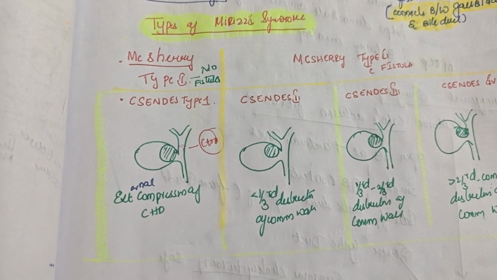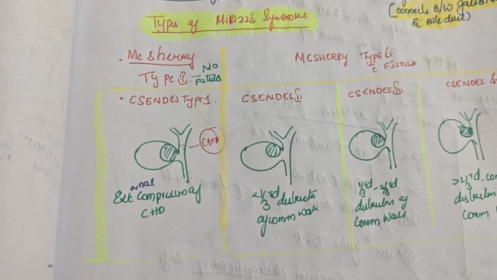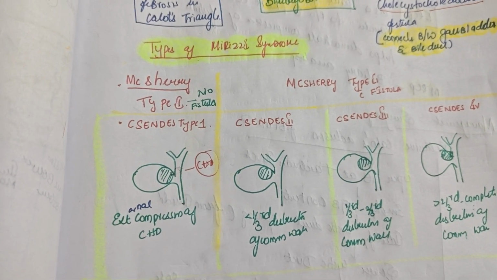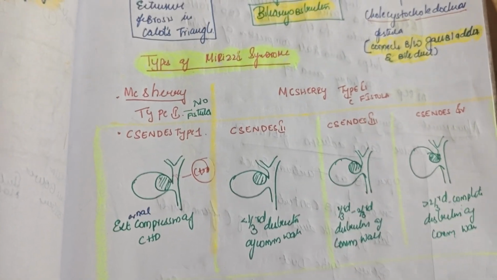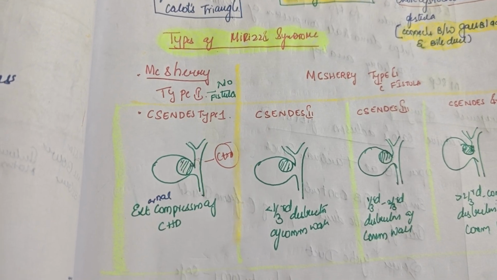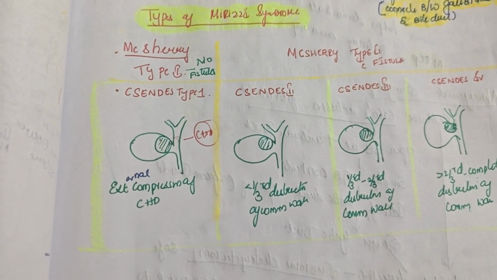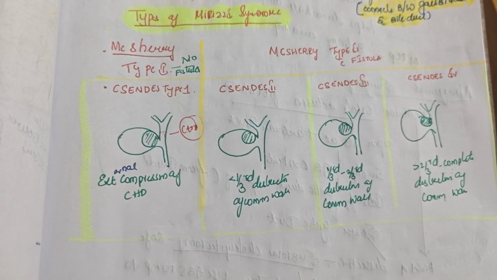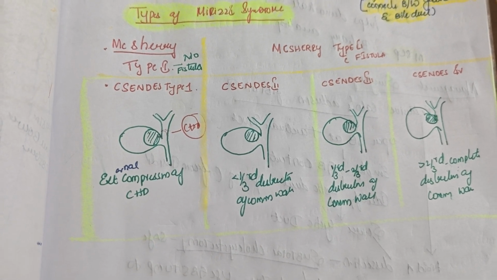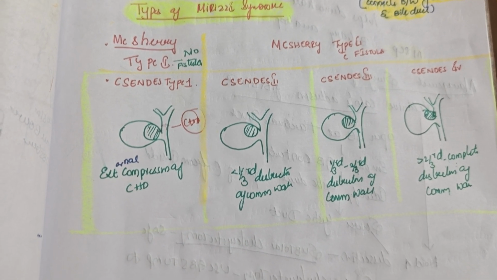You have another classification known as Csendes classification, with type 1, type 2, type 3, and type 4.